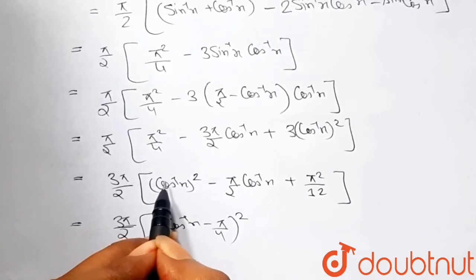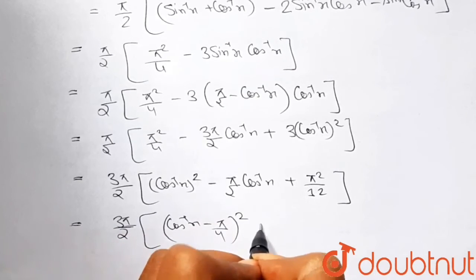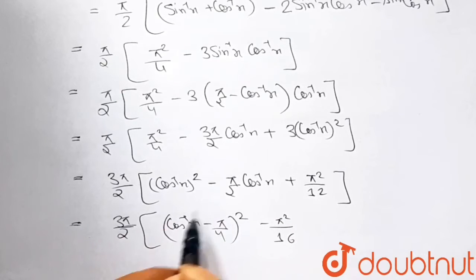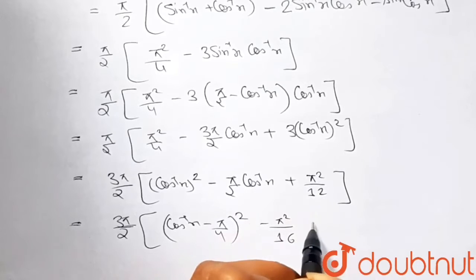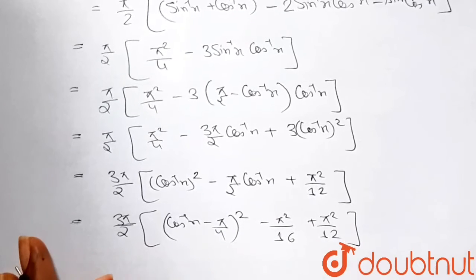So we have a square, and here we have pi square by 16. Plus pi square by 16, so we have to subtract pi square by 16, right? And minus 2ab. So this will be minus 2ab, right? And this pi square by 12 is also there. So we finally have this thing, right?